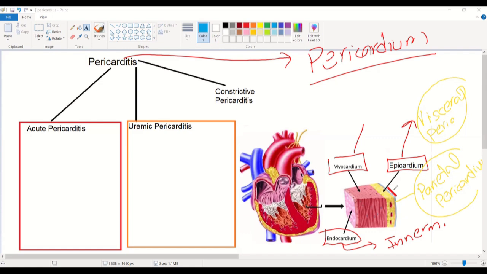So this red is the fibrous pericardium. It is the outermost pericardial layer. Okay, can anybody tell me where the coronary vessels are located? In which layer of the heart?